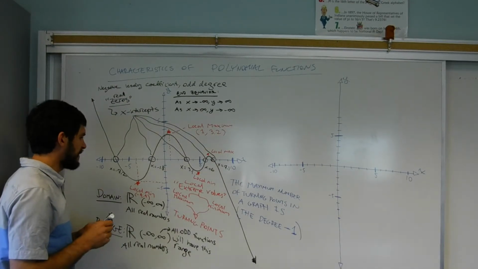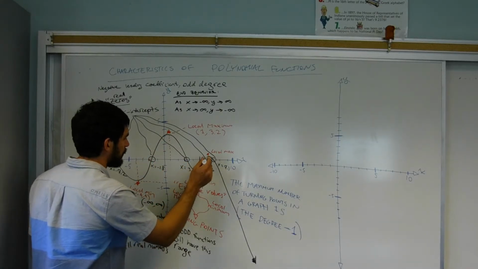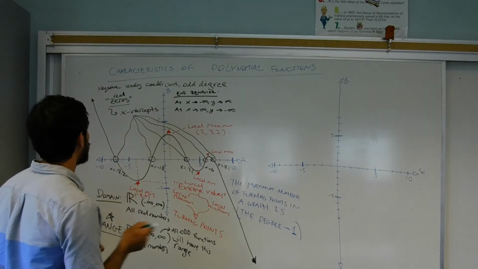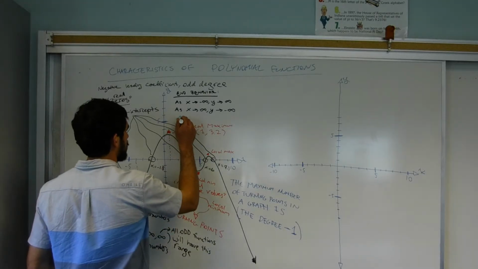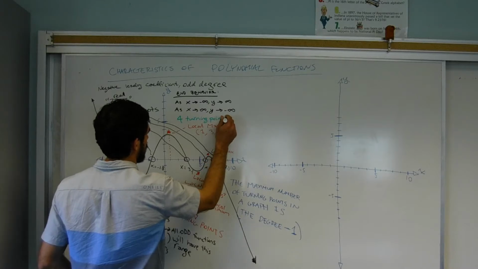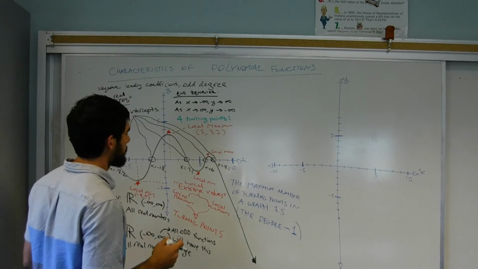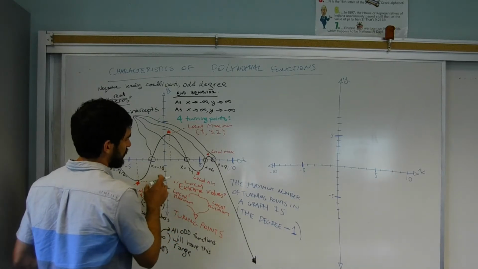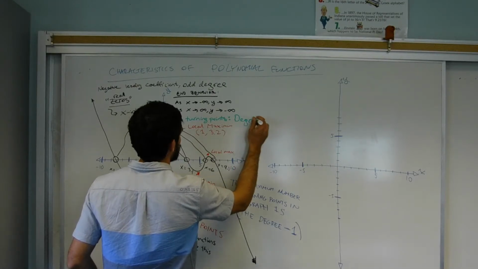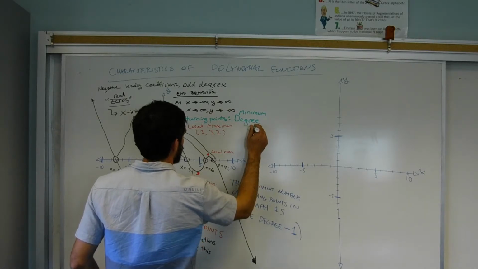If we look at this graph, we'll see that it has 1, 2, 3, 4 turning points. So if this graph has 4 turning points, that would mean our minimum degree is 5.